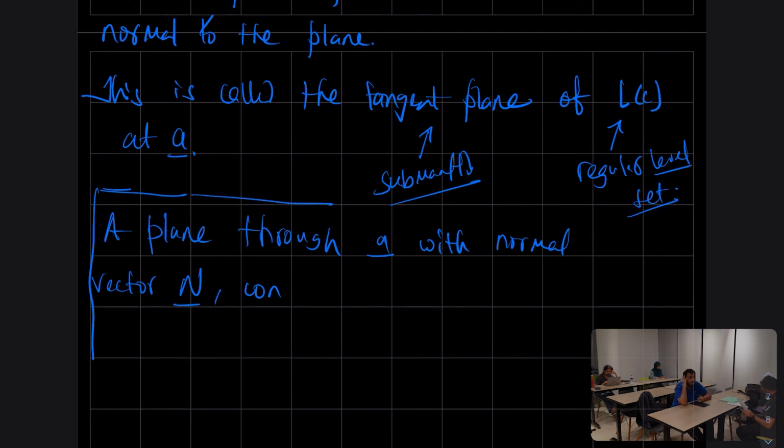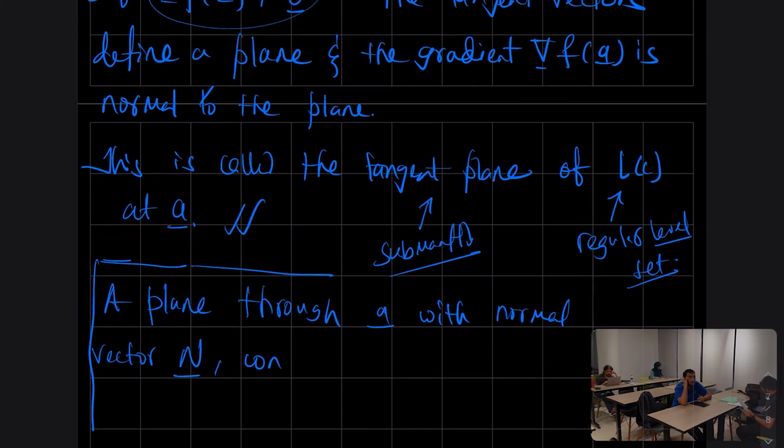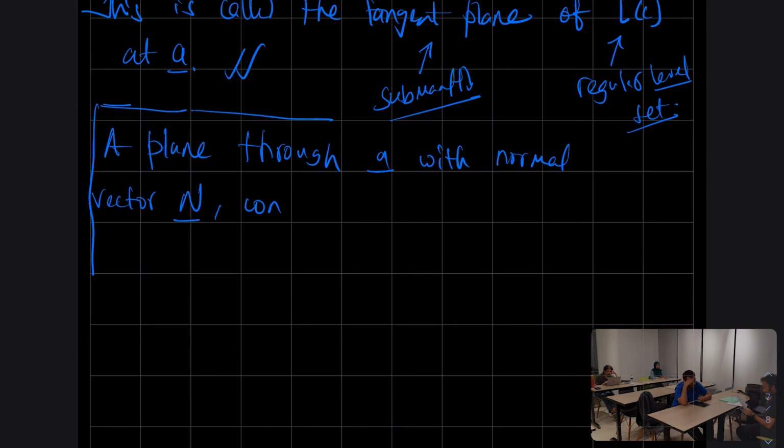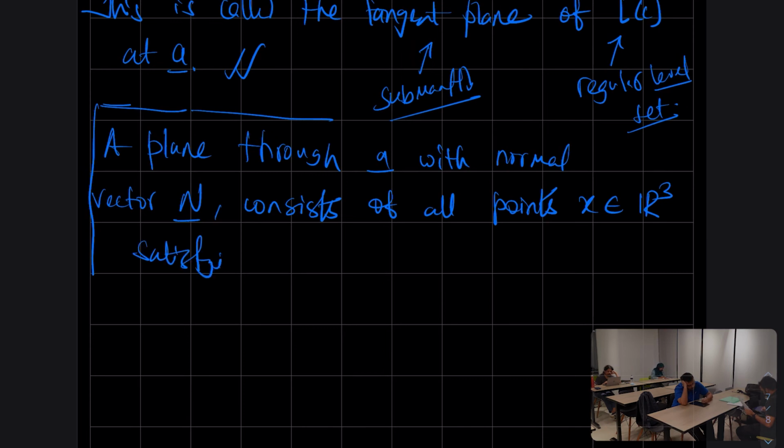Okay. So the level set discussion was a construction, but now we are saying that a plane through a point with normal vector n consists of all points in R3 satisfying this condition.